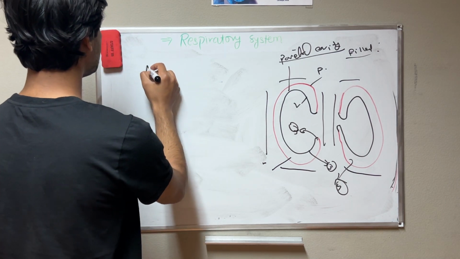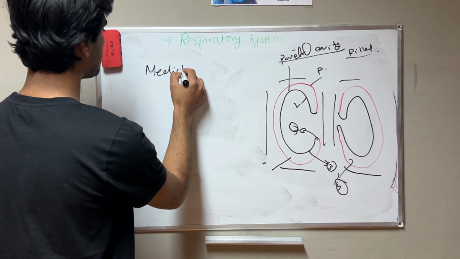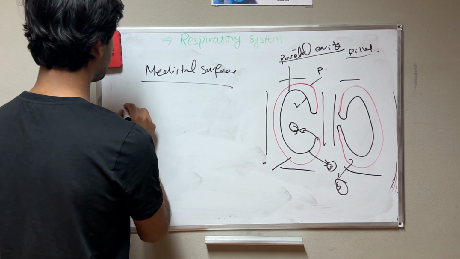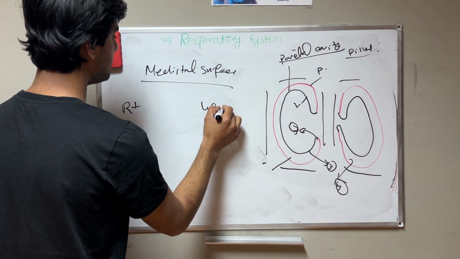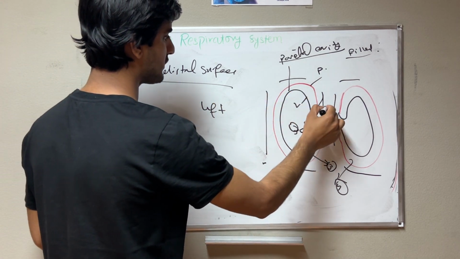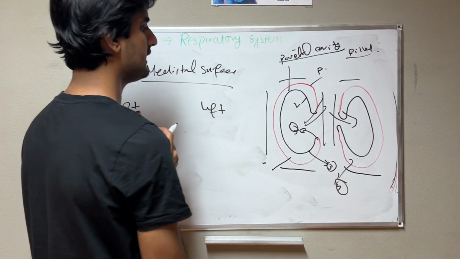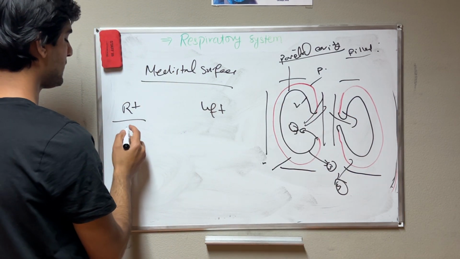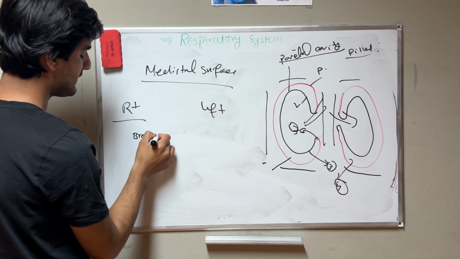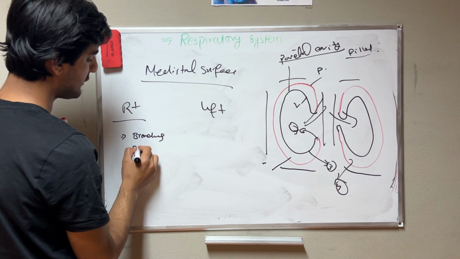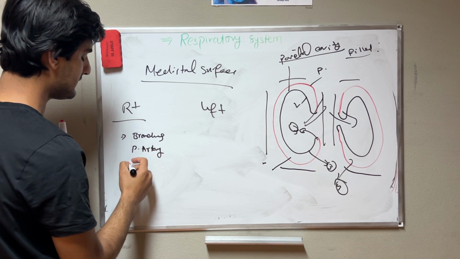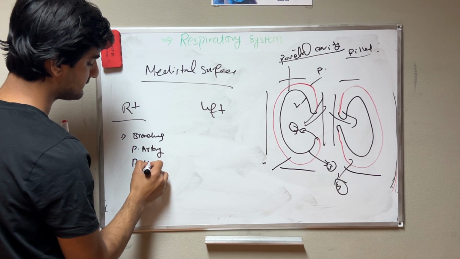If we talk about the mediastinal surface, we need to know about the two lungs, right and left. In the right lung, first we have the bronchus, because we have a difference. First is the bronchus, then we have the pulmonary artery, and then the pulmonary vein.